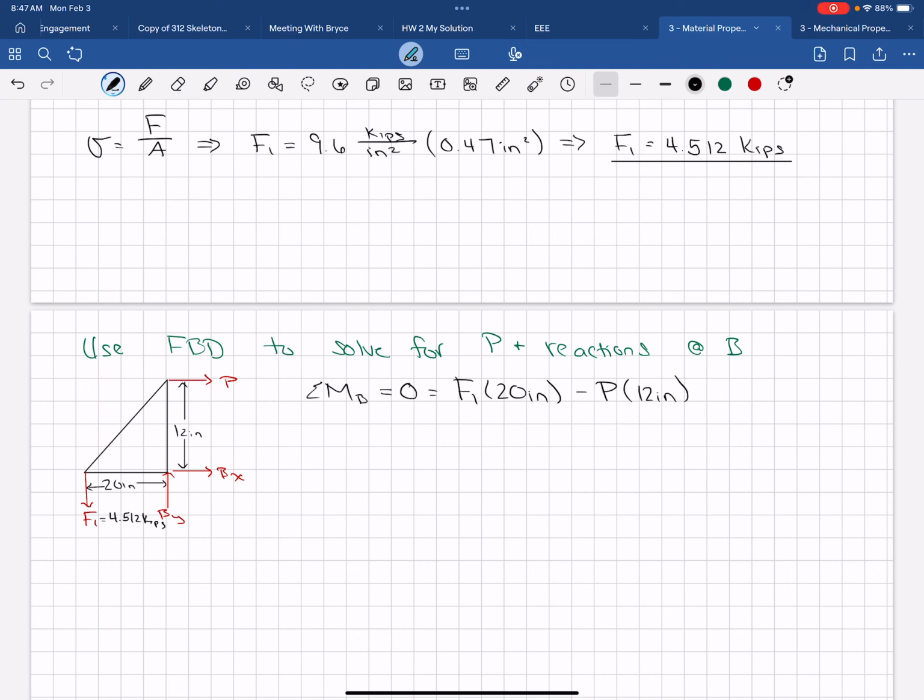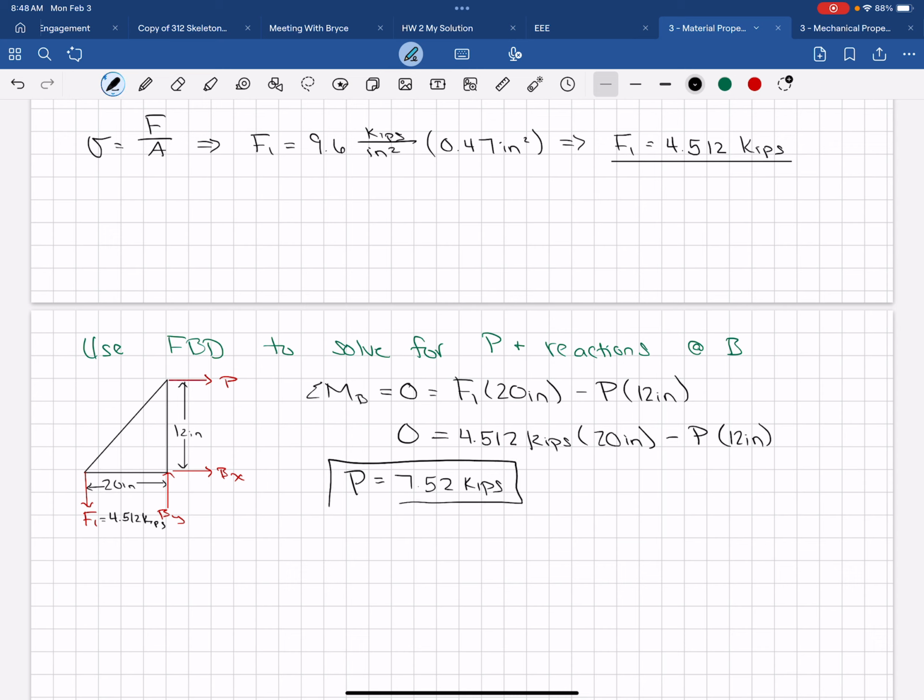So this really equals 4.512 kips times 20 inches minus P times 12 inches. So I get a P equal to 7.52 kips. And that's my first answer.